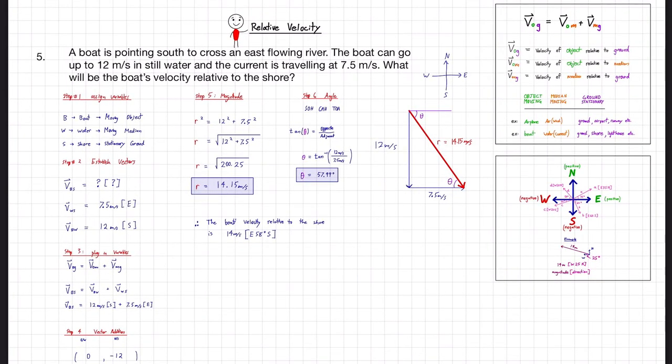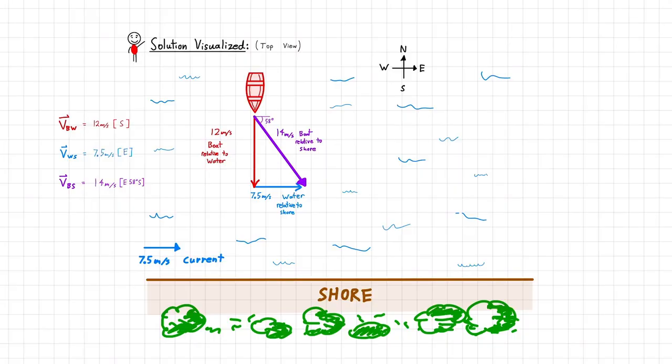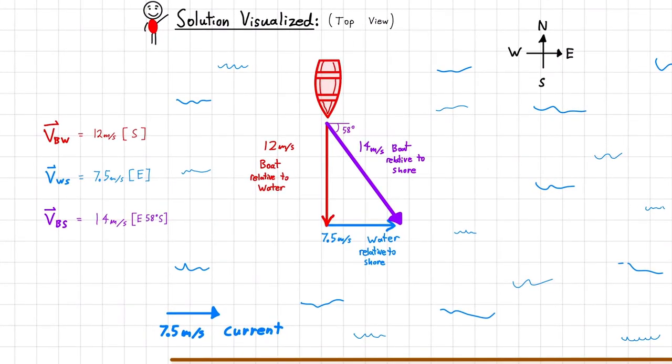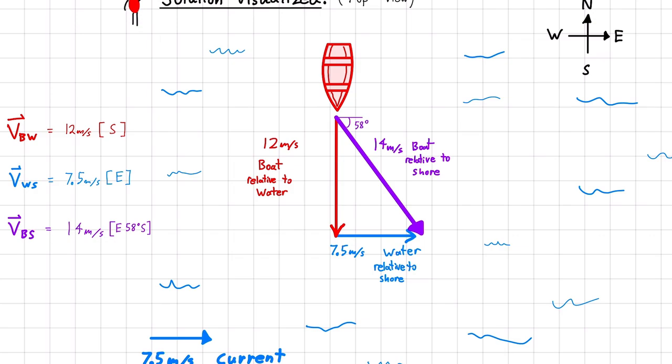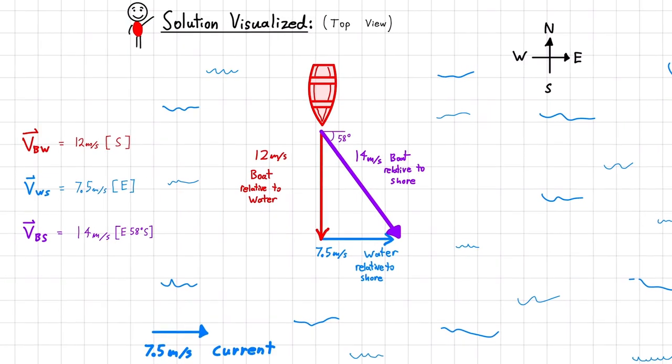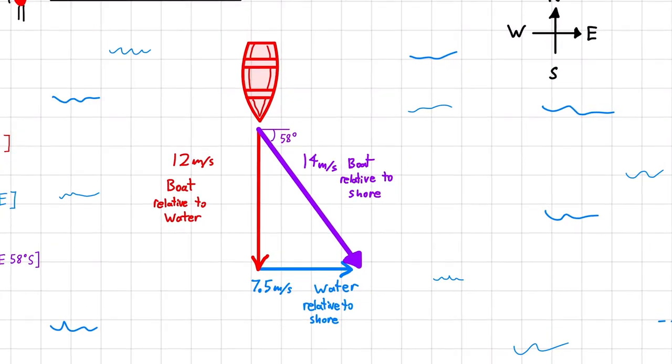Now, as promised, I'm going to walk you through a visual representation of this solution here. As you can see, I've got our solution, boat relative to the shore, 14 meters per second, east 58 degrees south. I've got these color coded to help you follow along. Remember, what's important to also note is the direction that the boat is pointed in.